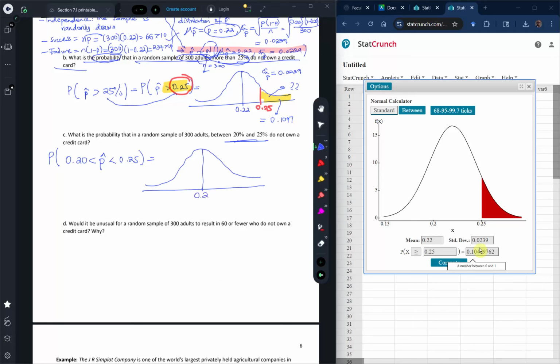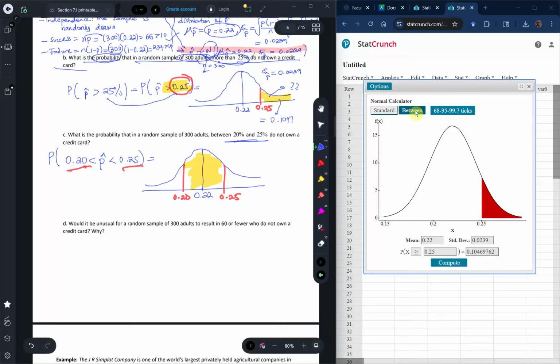Looking at the mean in the middle, we want to locate the extreme points 0.20 and 0.25, and compute the size of the probability concentrated in between these two values.